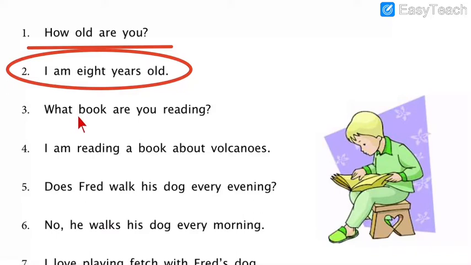Okay, moving on to number 3. What book are you reading? So, if I ask you the same thing, what book are you reading? You will say that, sir, we are holding the rough book and the grammar textbook. What else can we read in this lecture? So, what book are you holding? What book are you reading? You will say grammar. So, this is the question I am asking you, right? Which book are you holding? Or which book are you reading? So, as it is a question, we have to underline it.